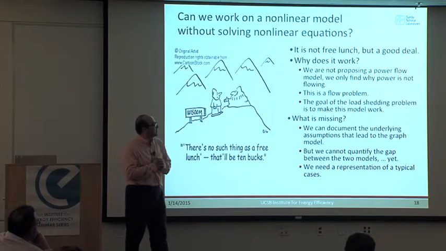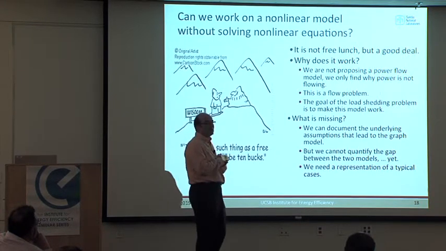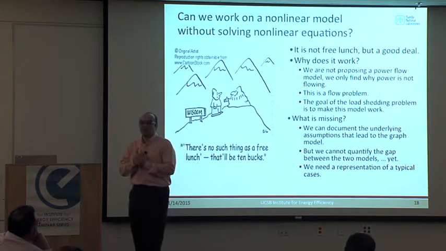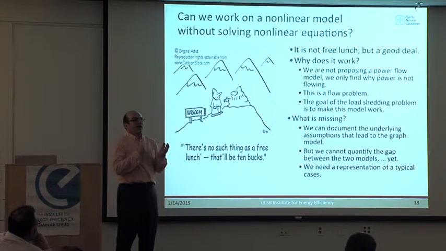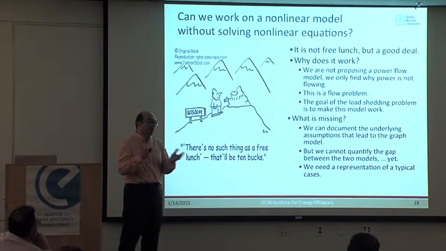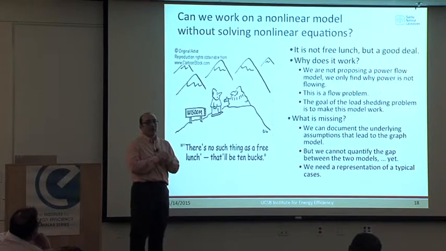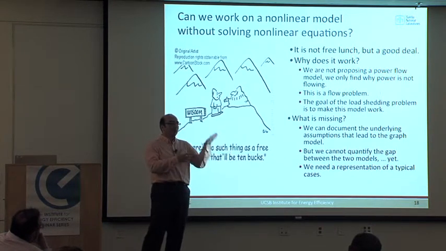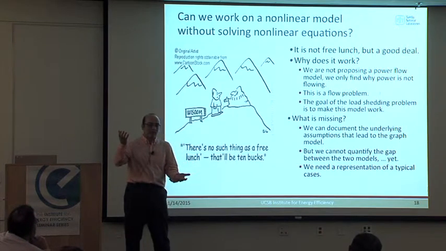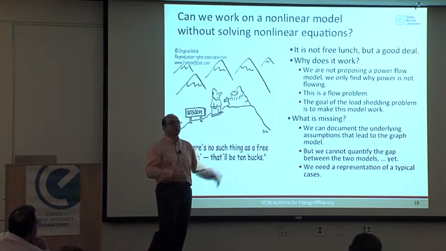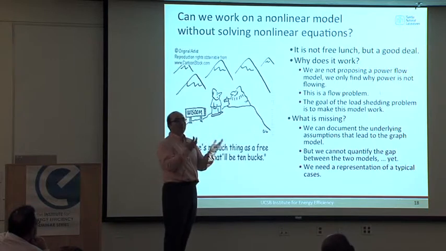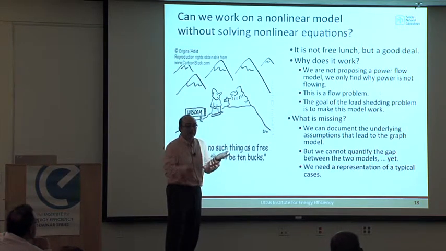And the other part is that the load shedding problem is actually the goal of this, to make things work. So I want to shed the minimum volume of load. And I can tell you that you have excess load on one side and excess generation on the other side. I'm telling you to solve an optimization problem, and you have the capacity of the cut.